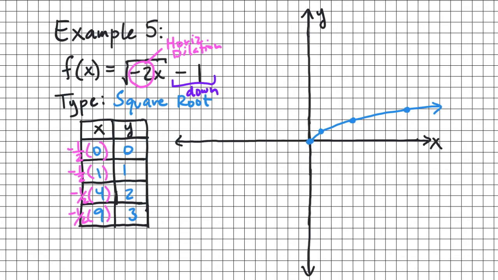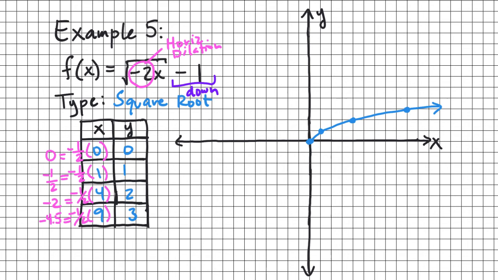Negative 1/2 times 0 is 0. Negative 1/2 times 1 is negative 1/2. Negative 1/2 times 4 is negative 2. And negative 1/2 times 9 is negative 4.5.